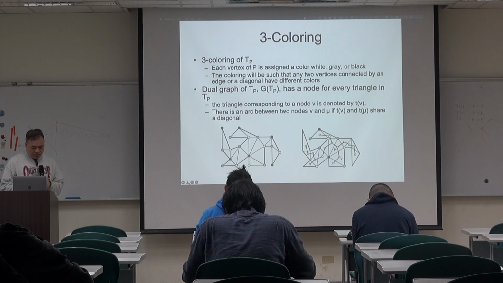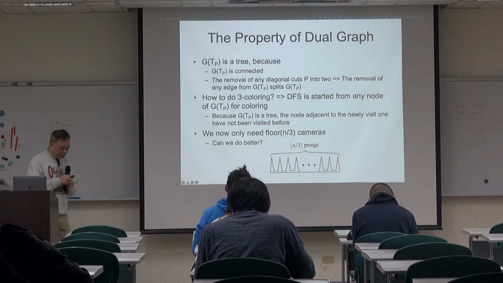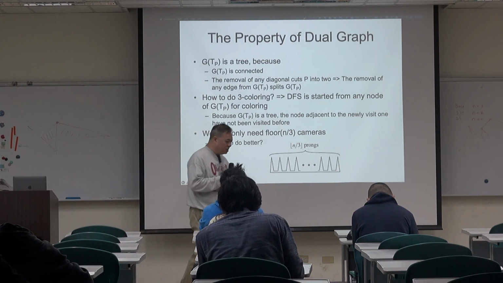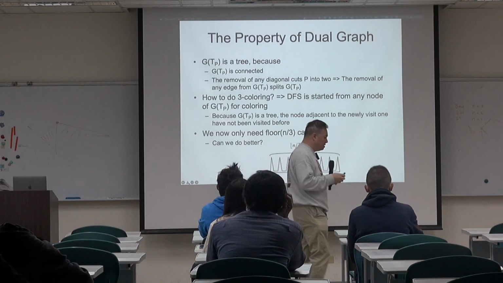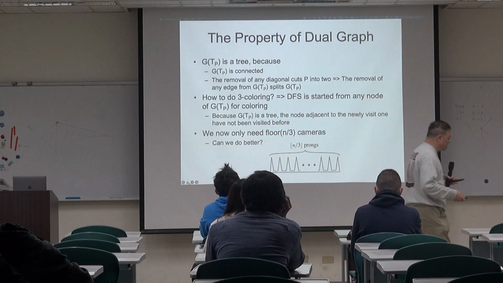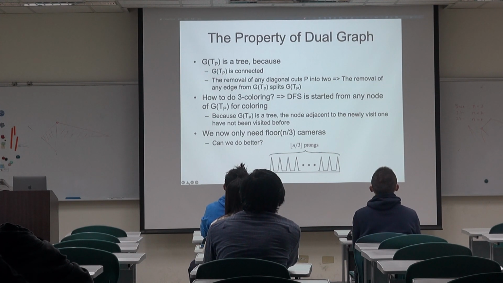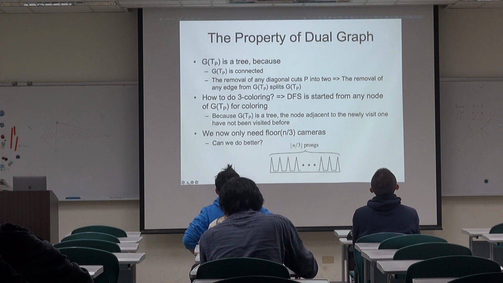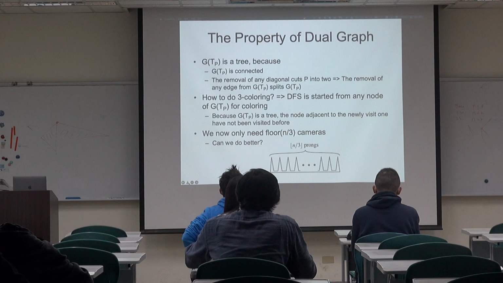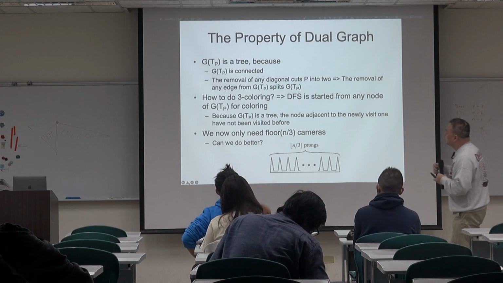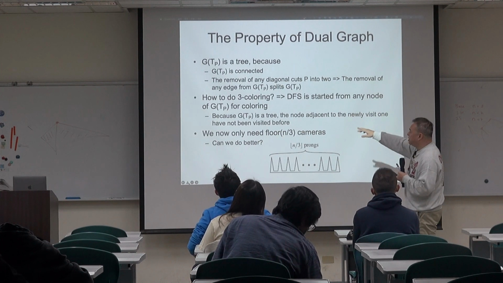Okay, let's continue. So now we know n divided by 3 is sufficient, but can we get even lower than n divided by 3? So 3 coloring I already explained.